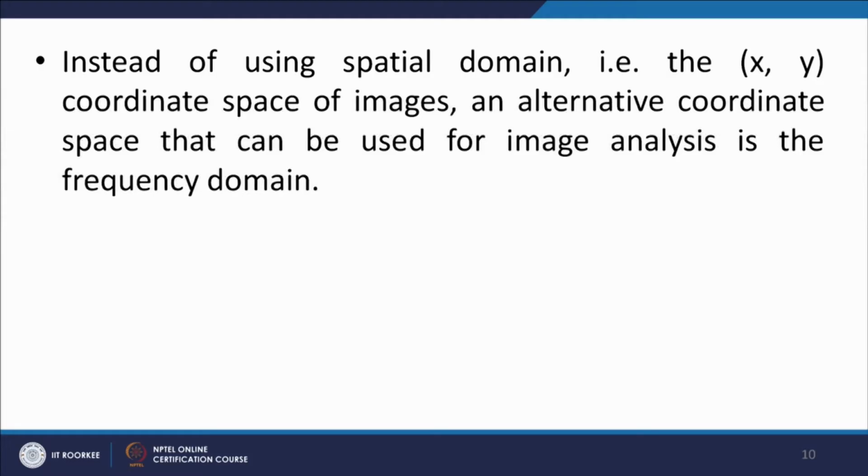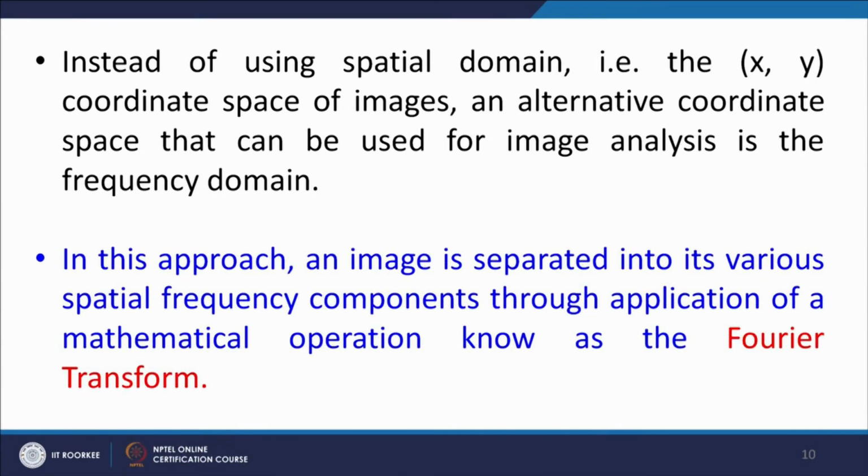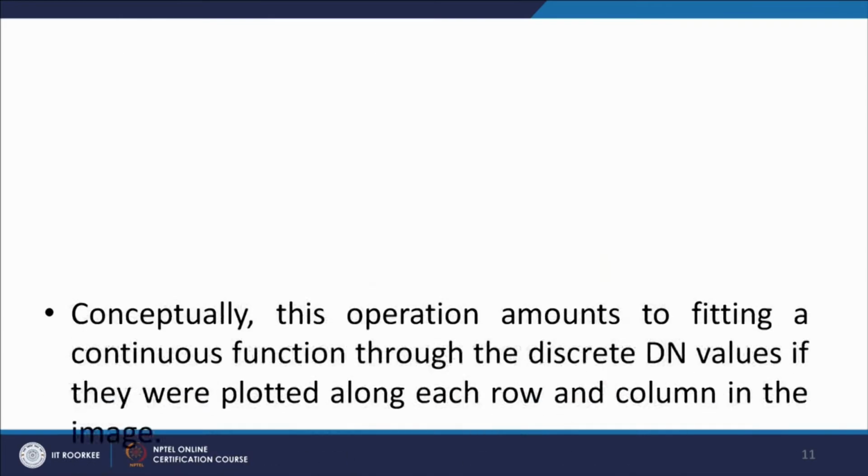So instead of using the spatial domain, that is the x and y coordinate space of an image, an alternate coordinate system that can be used for image analysis is the frequency domain. And in this approach, an image, as mentioned earlier also, is separated into various spatial frequency components through application of a mathematical operation that is known as the Fourier transform.